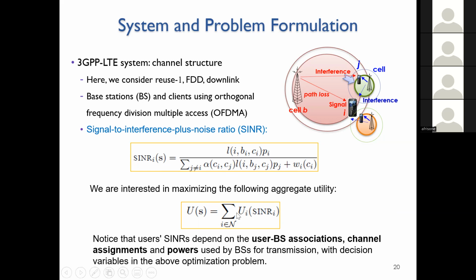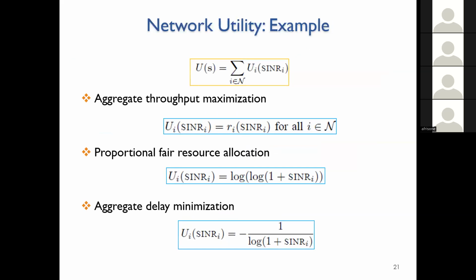You put it into the function that you like, such as utility. You say, I care about the throughput, I care about the delay, and U is going to represent that. The sum over all your users is denoted by capital U, and this is your global utility function. For example, if the parameter to adjust to optimize is the power P, then that is your state, which you are to tune and to do transition.